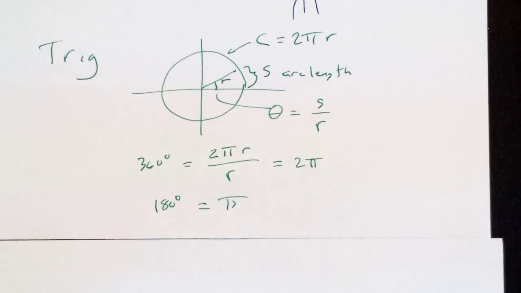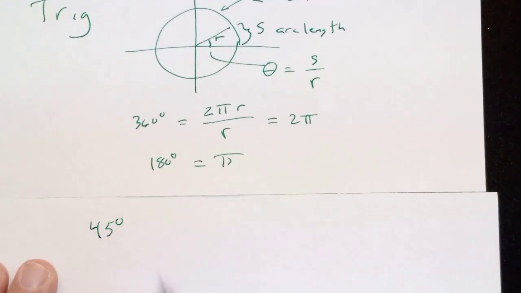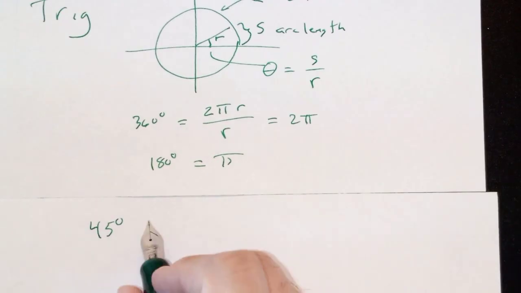Which means if I want to convert from one to the other, I multiply by a fraction. If I'm going to radians, that fraction is pi over 180. If I'm going to degrees, it's 180 over pi. So if I tell you I've got an angle of 45 degrees, but I want it in radians, I take this ratio.